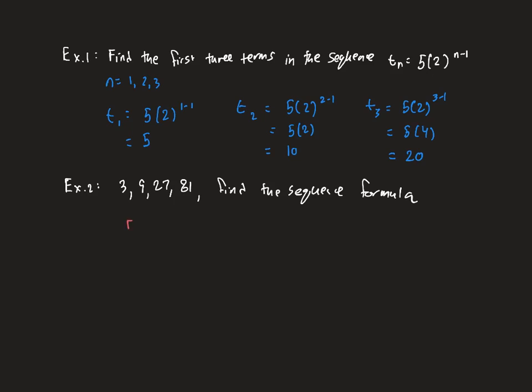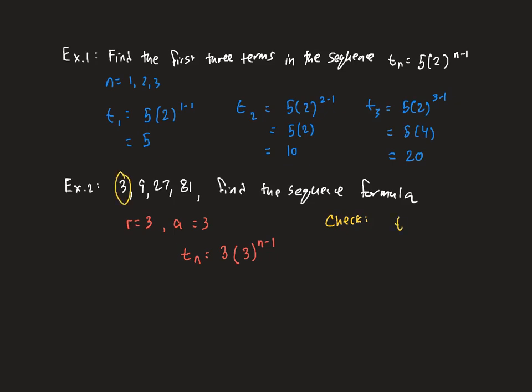So that means r is 3. And of course my first term is 3. So my formula here would be t of n is equal to 3 times 3 to the power of n minus 1. And if you wanted to test that out, if you want to check, you can try it out. So like if I put, for my first term, I should be getting 3, right?